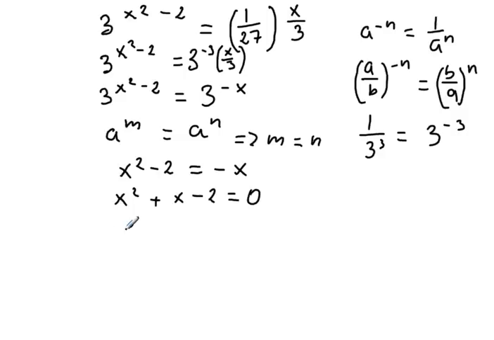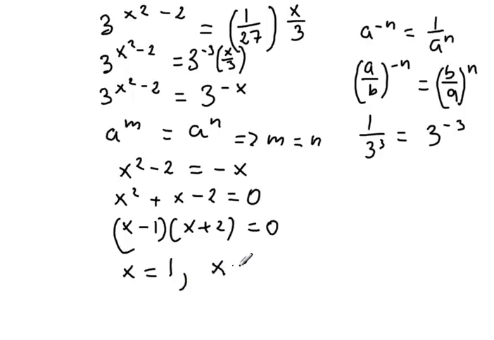So the factors that will solve that will be x minus 1 times x plus 2 is equal to 0. You still have to find x, so the first binomial will give me x is equal to 1, or x is equal to negative 2.